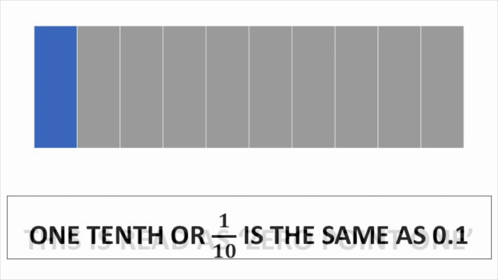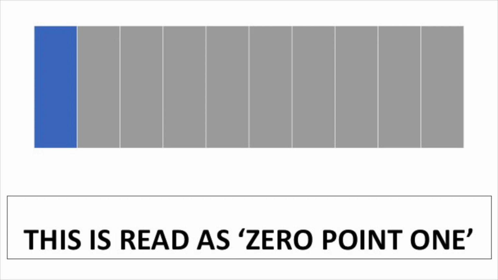Yes. This is read as zero point one. So you can see here the word form of the decimal. That's how we write in words. Zero point one. Okay? So writing a decimal in word form is possible.